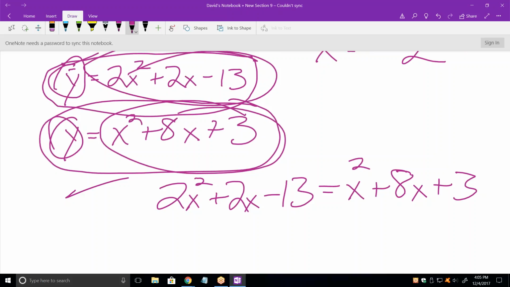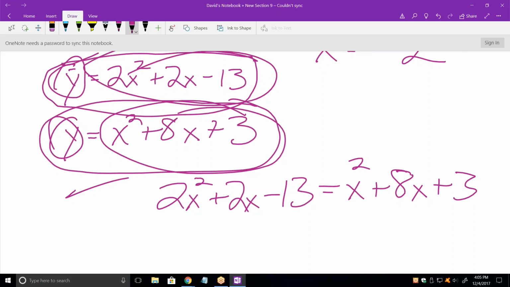Now you get all onto the left side. You got it. So 3x squared? No. How do you move the x squared that's on the right over?